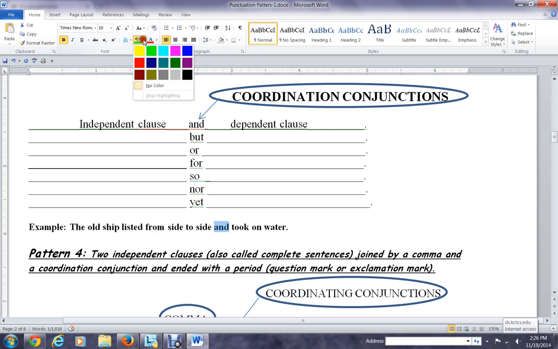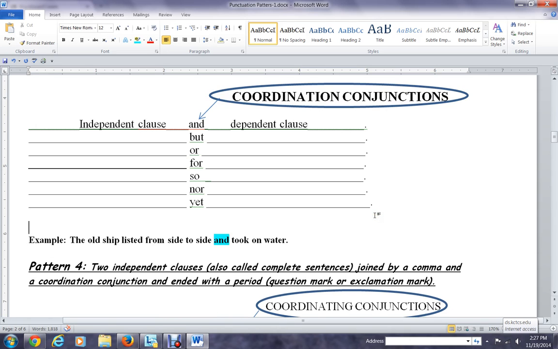And I'll show you. Here's our coordinating conjunction. They are and, but, or, for, so, nor, yet. They are called coordinating conjunctions, and maybe you remember them from Schoolhouse Rock.